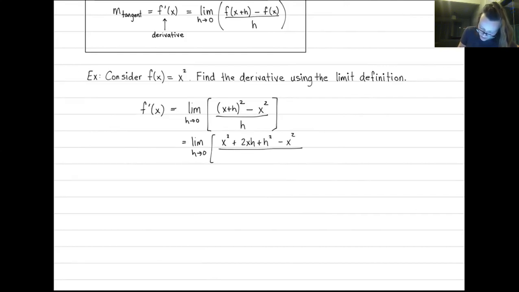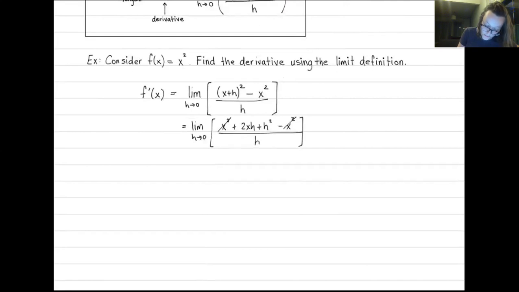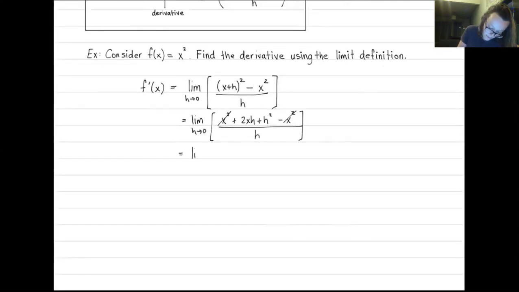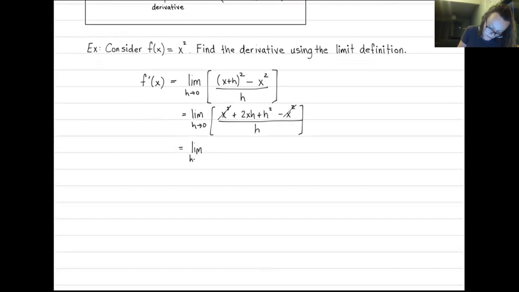That's okay. Then from there, the two x squareds cancel, right? And now you'll notice that all the terms on the top have an h in them. So we can factor out that h from all the terms on the top. So I'm left with 2x plus h over h.